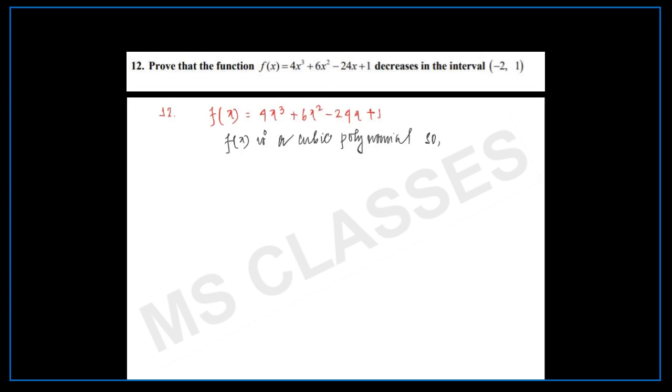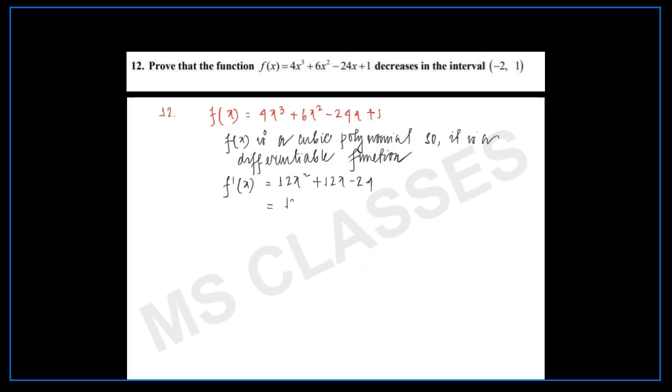So it is a differentiable function. We differentiate and get 12x squared plus 12x minus 24.